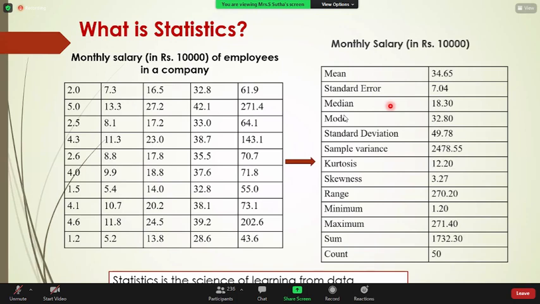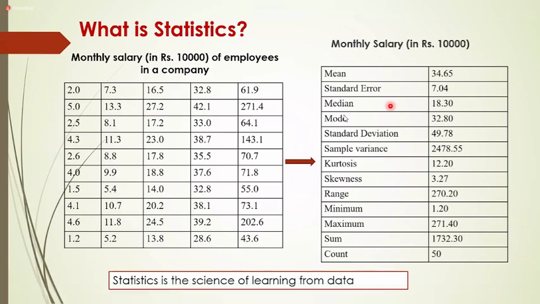This type of interpretation we need. When we look at this interpretation, each and everyone can understand. If we just say the median salary is 183,000, then most of the audience are not able to understand, right?